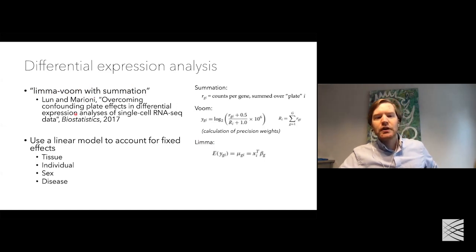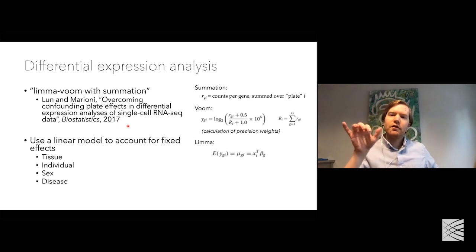I would recommend reading this paper by Lun and Marioni, Overcoming Confounding Plate Effects in Differential Expression Analyses of Single-Cell RNA-seq Data. A very interesting paper about how to minimize the effect of batch effects, minimize false discoveries in the context of single-cell RNA sequencing data by sort of creating a pseudo-bulk vector per sample, per cell type.